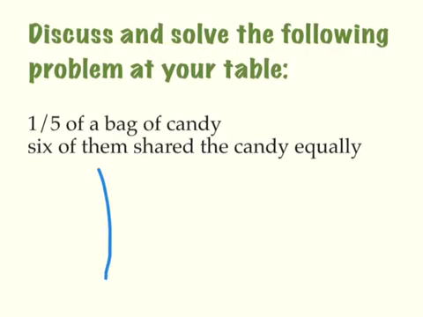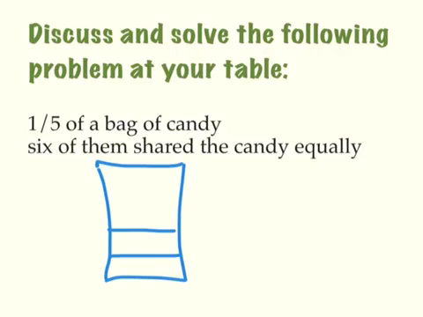Let's let this be our bag of candy. And I know that 1/5 of the candy was left, so I'll cut this into 5 equal pieces. So we're looking at just this piece of the bag of candy that was left, just 1/5.